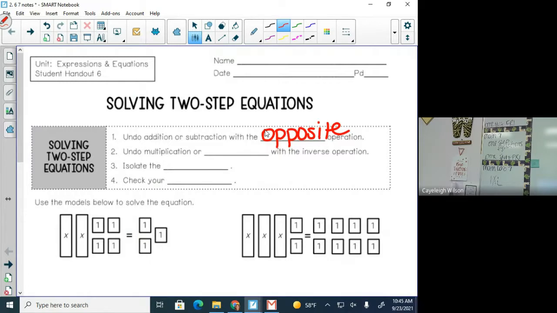All right, the second thing that you're going to do after you get rid of the addition or subtraction, you're going to undo the multiplication or the division with the opposite operation.